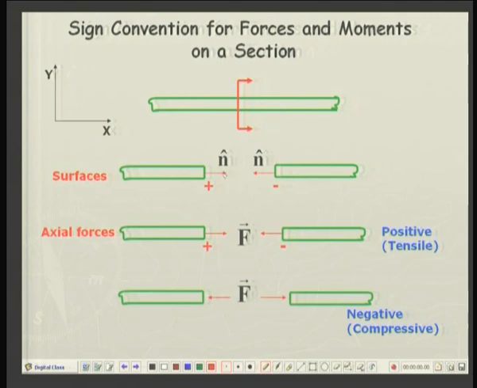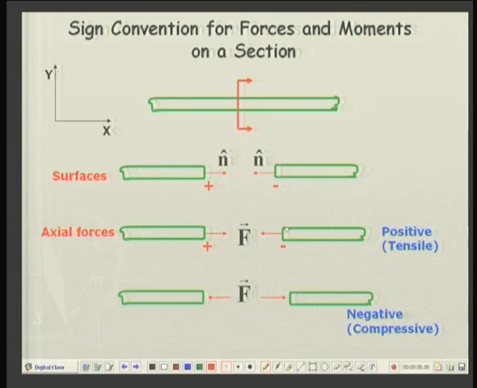Now, if this outer normal is pointing in the positive x direction, then this surface is positive x. If this is pointing in the negative x, that is towards left, then this is a negative surface. So, a single cut produces one positive surface, one negative surface. And suppose there is a force over here, force F. If the force on a positive surface is in the positive x direction as shown over here, then the force is positive.